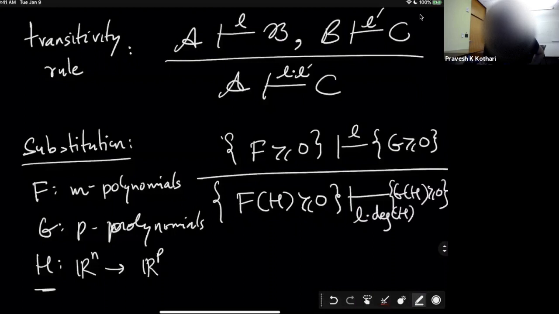So hopefully I got these numbers correct, but the point I'm making is that I can substitute polynomials for variables. So if F bigger than or equal to 0 derives G bigger than or equal to 0 in some variables x, and I substitute each xi by a new polynomial, then I get an analogous derivation in the new substituted variables.